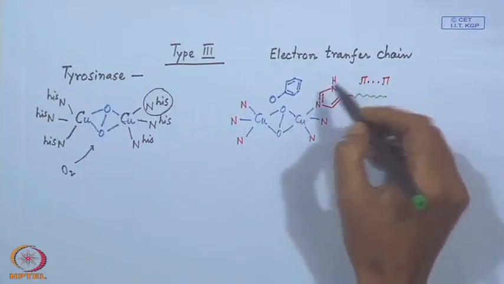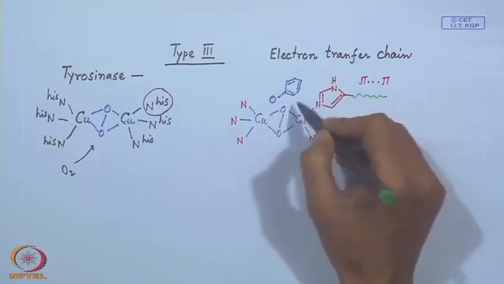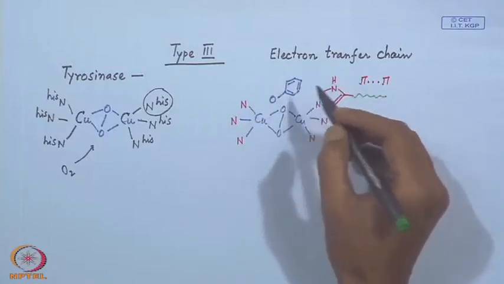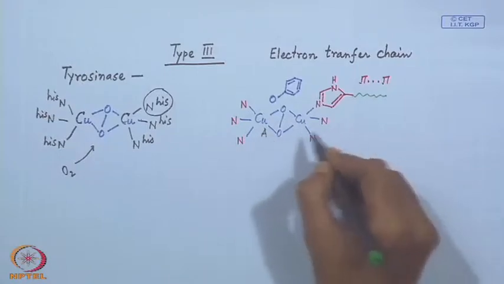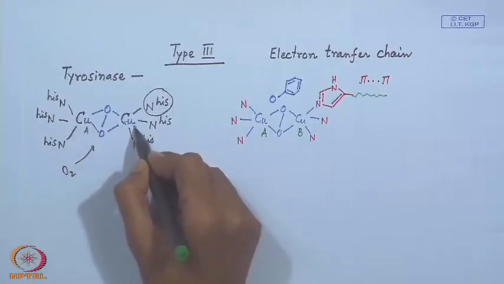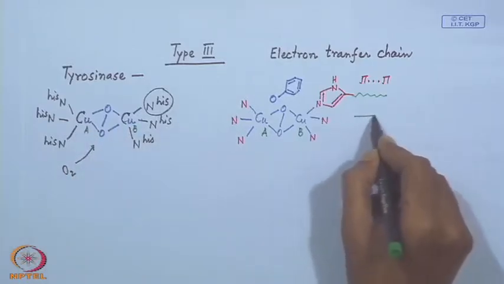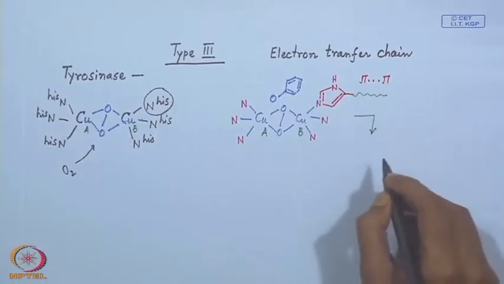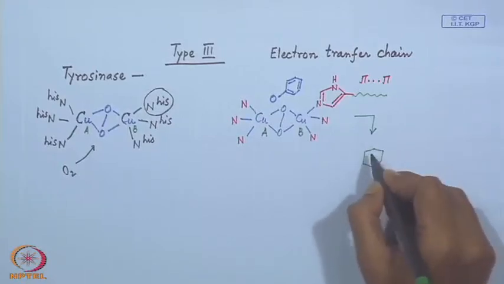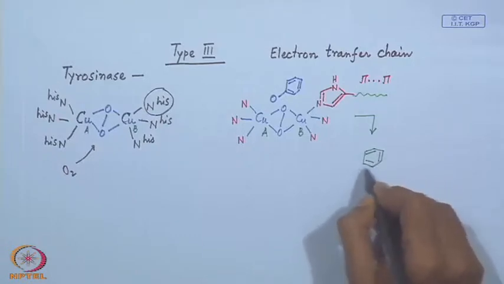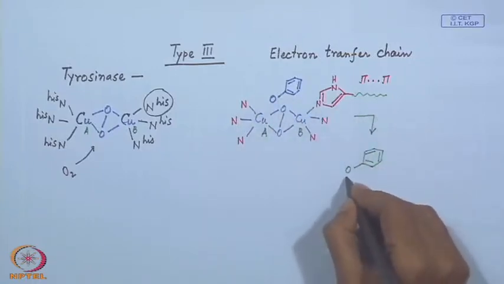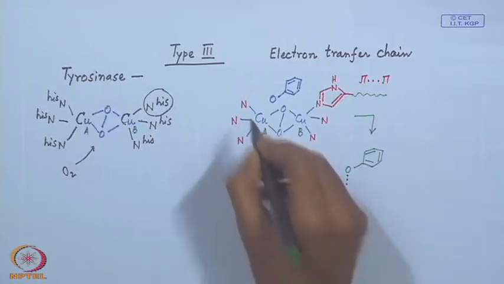So when this particular part interacts, the typical positioning of this will give you some pi-pi interaction, and it brings the substrate near to one of the copper centers, which is your copper A. This is also copper A and this is copper B. Then this particular positioning will tell us that the substrate molecule, the tyrosine molecule, with its one oxygen close to this copper 1, will start interacting with this copper center.